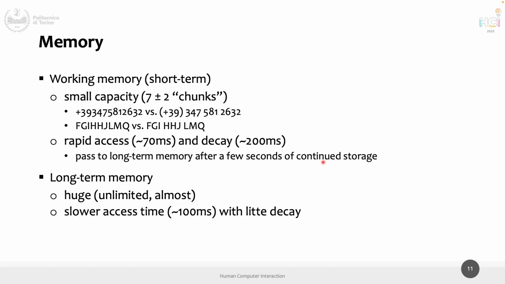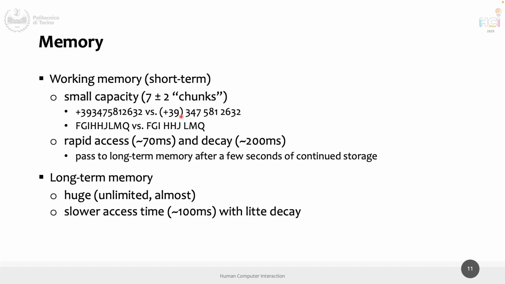The working memory works with small capacity, and more or less we remember for a short amount of time 7 plus or minus 2 chunks of information, which means that if I show you this number here, or this number here, which is the same but with spaces, it's easier for us to remember this because it's split in chunks. It's plus 39, 347, 581, 2632.